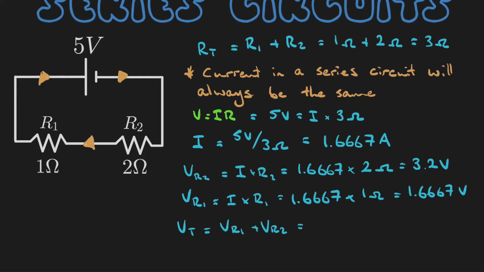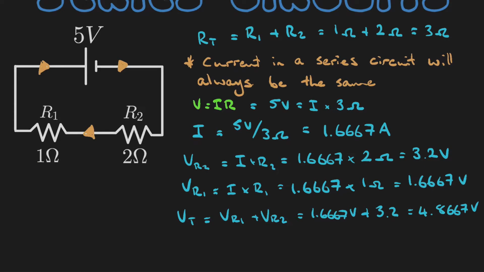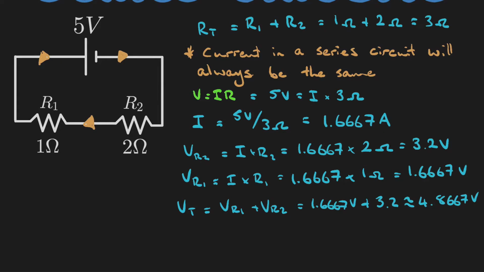So voltage R1 we know is 1.6667 volts, plus the voltage on R2, which we said is 3.2, but I have approximated it. 3.2 actually gives us 4.8667 volts, which is approximately 4.86667. But realistically, it is actually 5 volts.